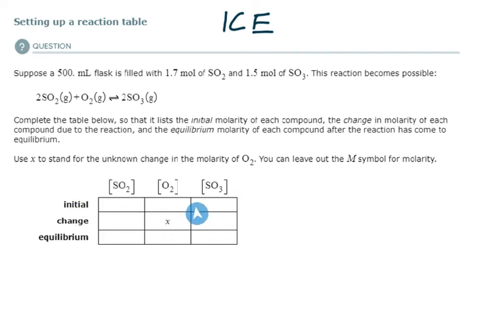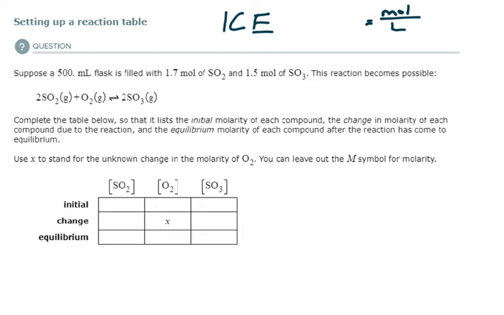Well, here in this table, we have concentrations. I stands for initial concentration. C stands for change in concentration. E stands for equilibrium concentration. To begin, we're only given moles. But I know that concentration is equal to moles per liter, or unit volume. So let's take this given volume in milliliters and convert it to liters.